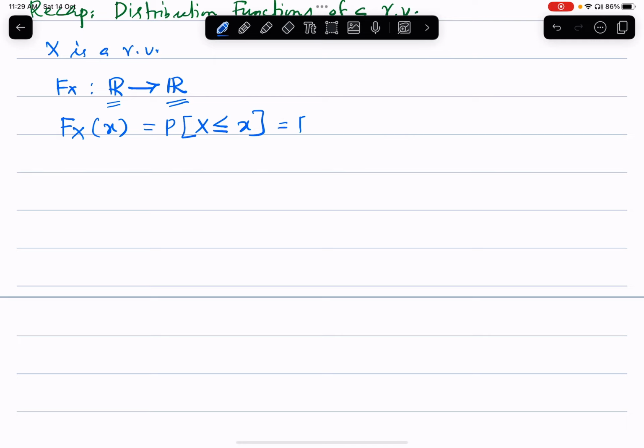By the earlier definition of the probability of a random variable, we know this is the set of all omega belonging to the sample space such that X of omega is less than or equal to small x.